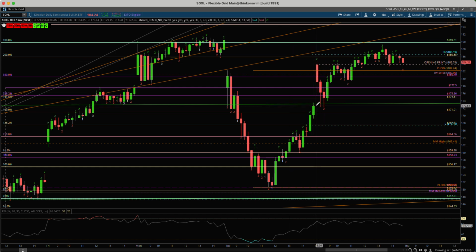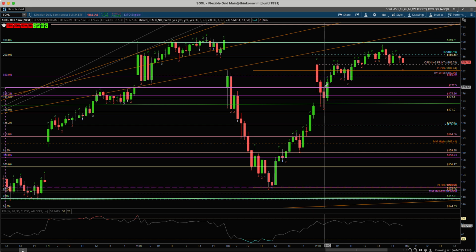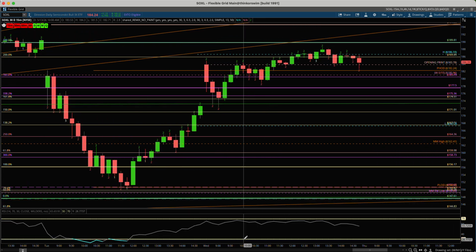So if you do enter, just know that even though you're under the opening print, there is that added risk that you could give this back due to the range that there was on this candle, right? It was from 179 to 172, $7. I wouldn't be willing to risk that for downside action in this uptrend that we've been in, and knowing that we probably put in a higher low on the 4 hour and the 1 day, right?